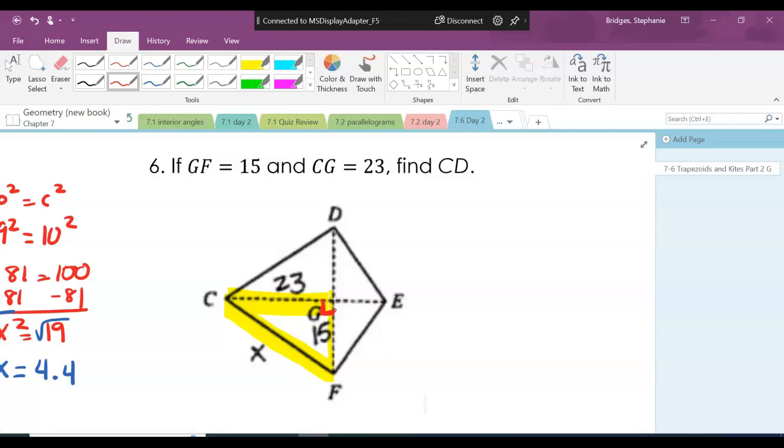If you want to draw it off to the side, you're welcome to do that. It's A squared plus B squared equals C squared.